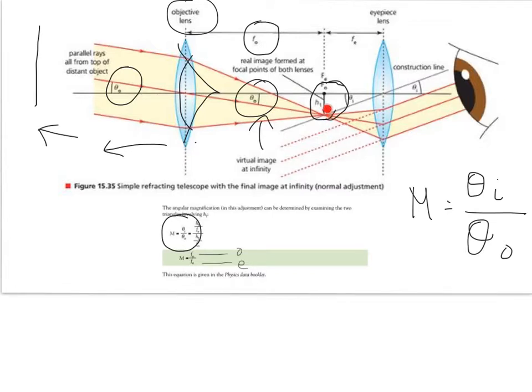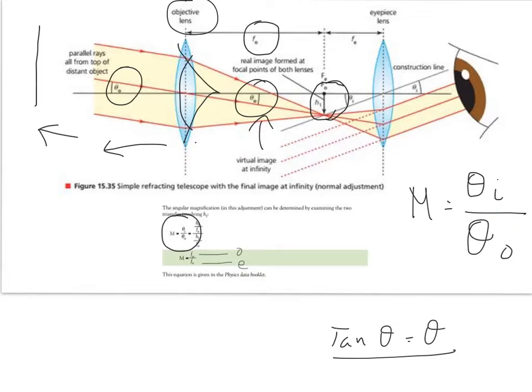You should be able to see that's because this is a nice triangle here. So we're using the ratio of these two distances to find the angle there. Again, remember that assumption: tan of the angle equals the angle for large distances, and f0 is assumed to be much larger than h1. So that gives us our ratio here, our angle subtended by the object.